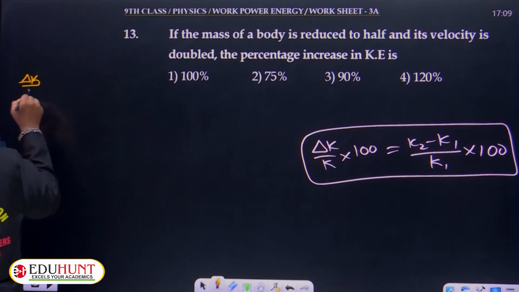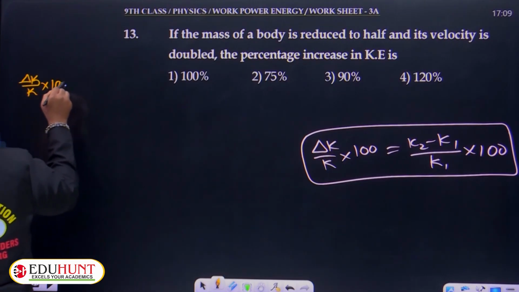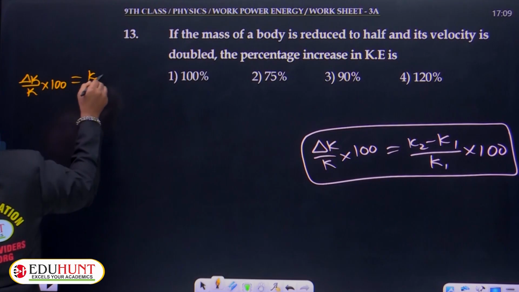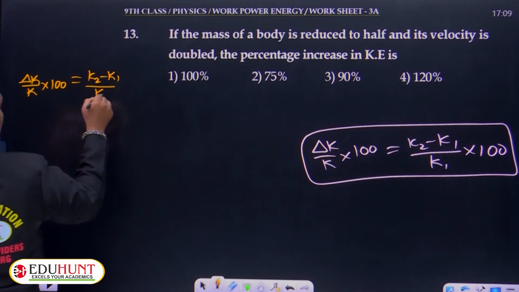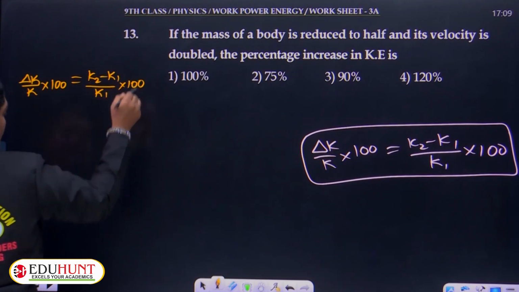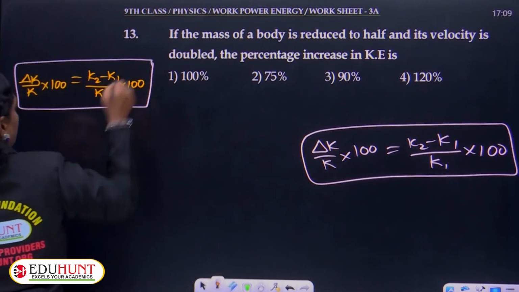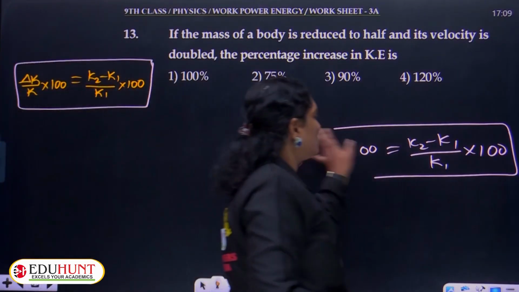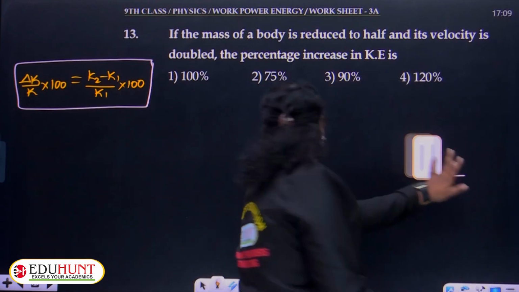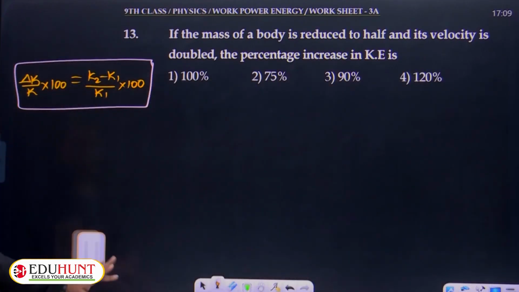Delta K by K into 100, which is also equal to K2 minus K1 upon K1 into 100. This formula is to be taken for granted. I am just removing this so that the space can be used.